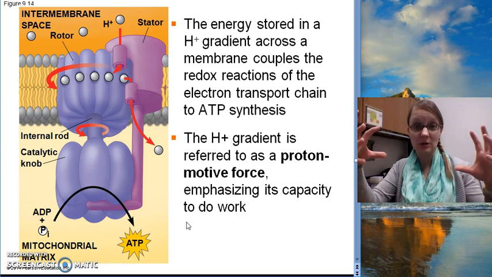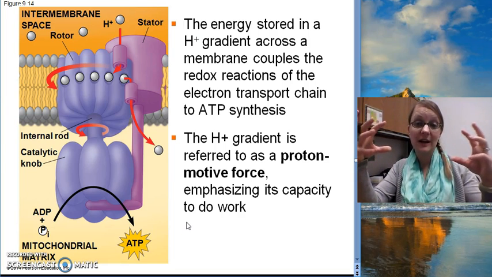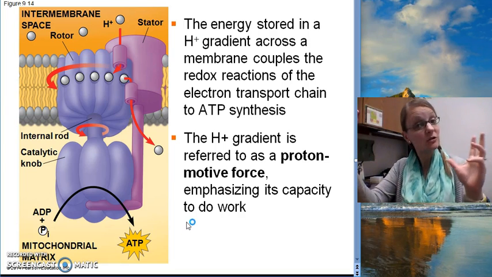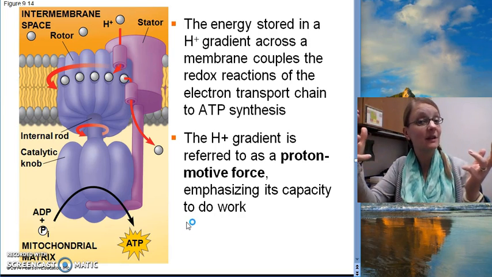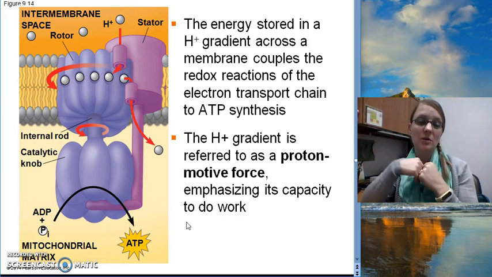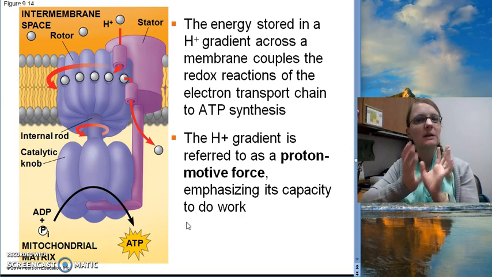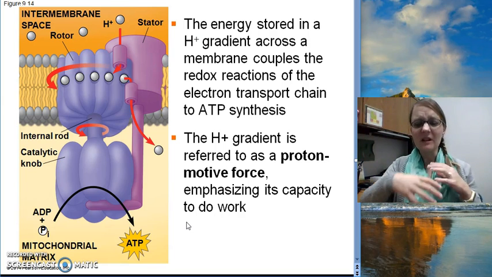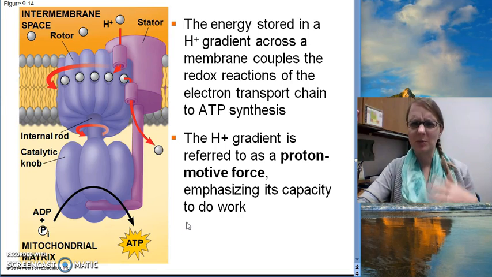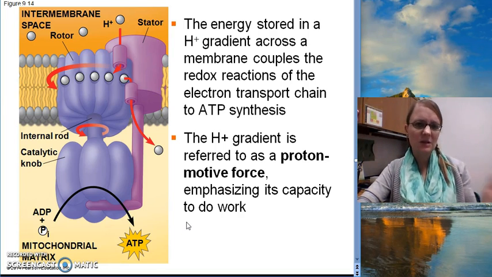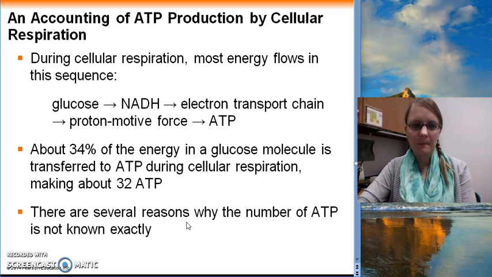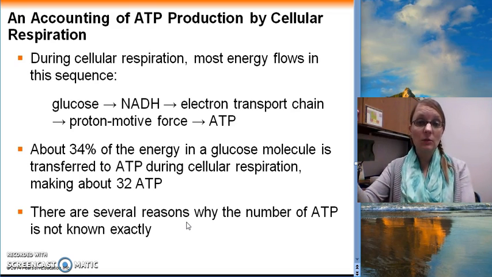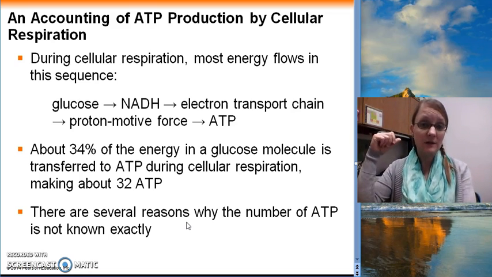Whereas the actual physical high concentration of hydrogen ions that has the potential to do work but may not yet actively be doing work, we call that the proton motive force. Right? So two very similar concepts there. Make sure they're pretty clear, at least the differences between the two. Right? So chemiosmosis is more the action, and then the proton motive force is more of an adjective or a noun, for example.